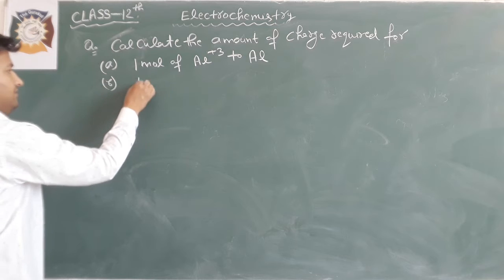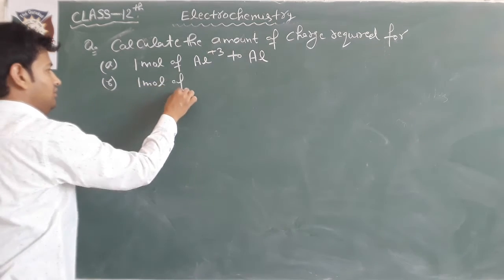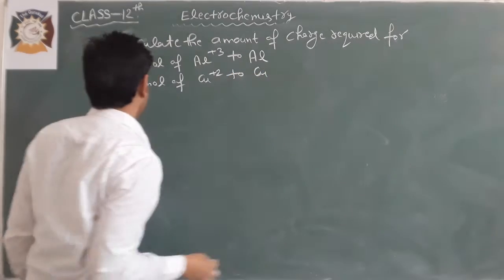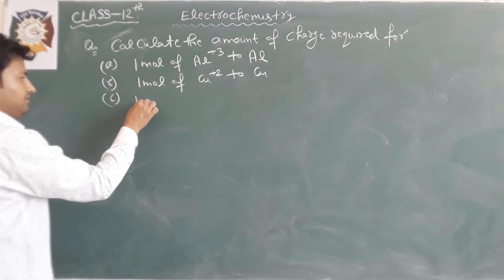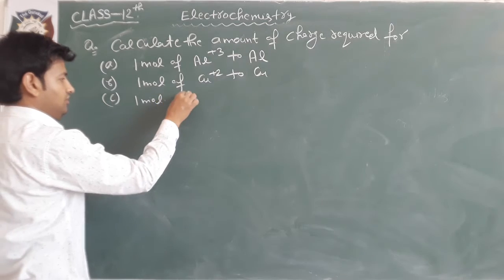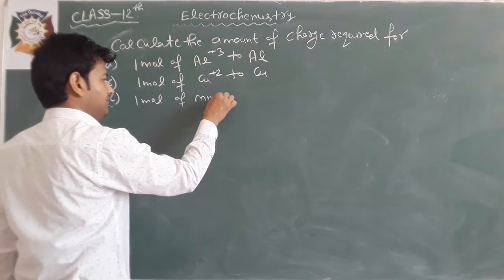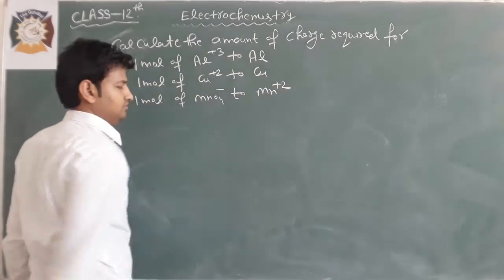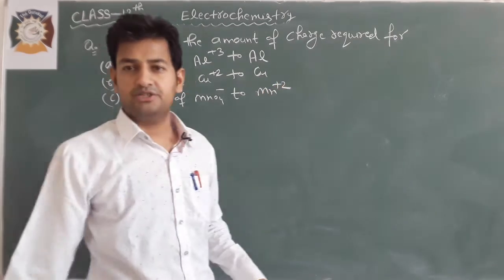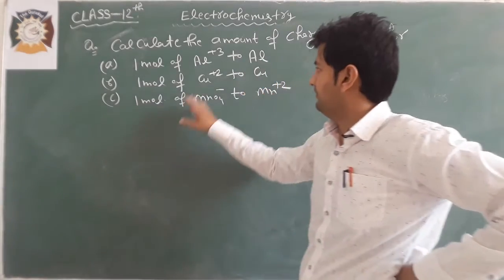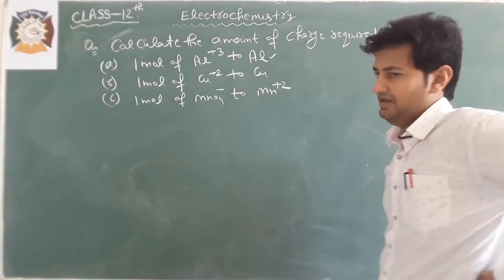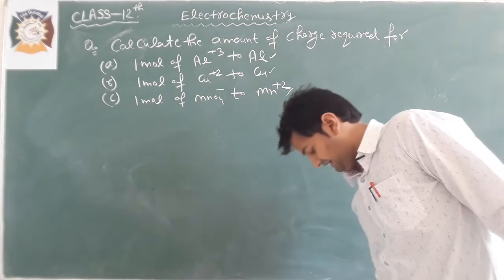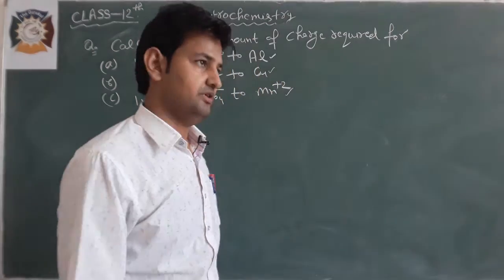Second part is 1 mole of copper plus 2 to copper, and third point is 1 mole of MnO4 minus to Mn plus 2. So how much quantity of charge is required for the deposition of 1 mole of aluminium, 1 mole of copper and 1 mole of manganese ion?